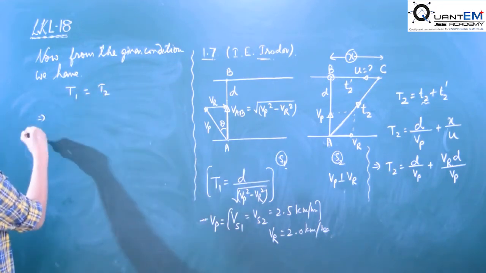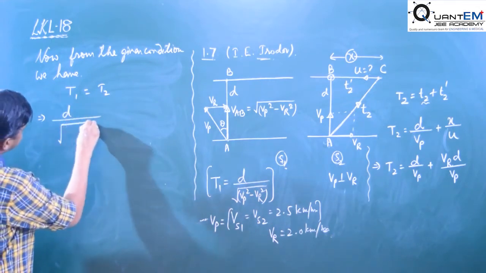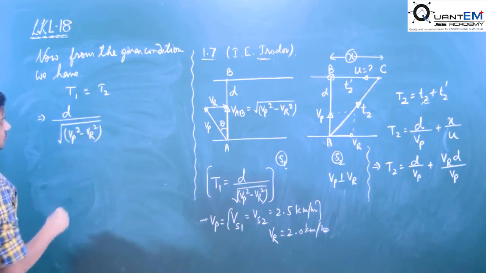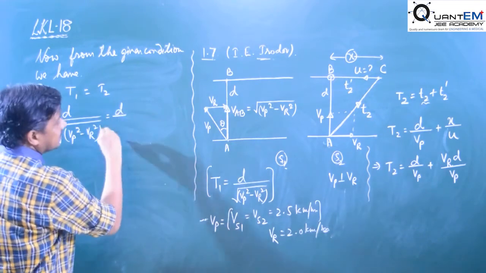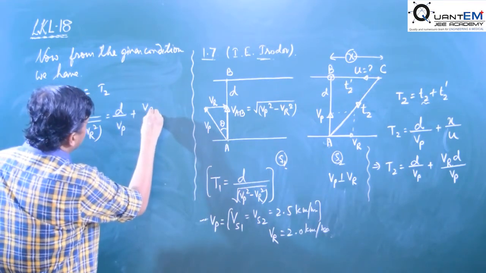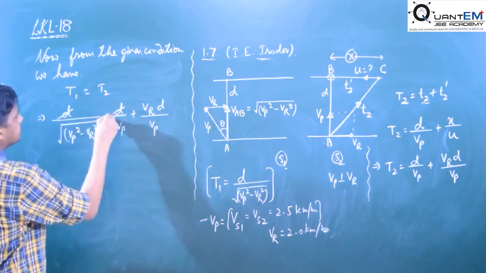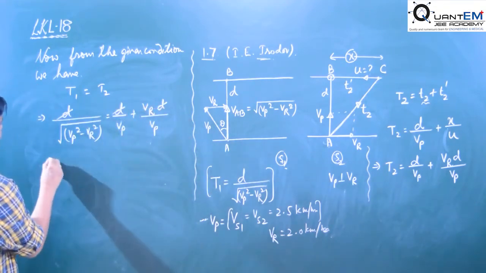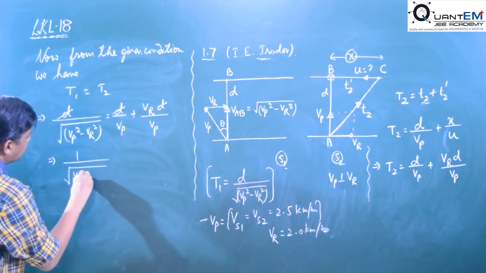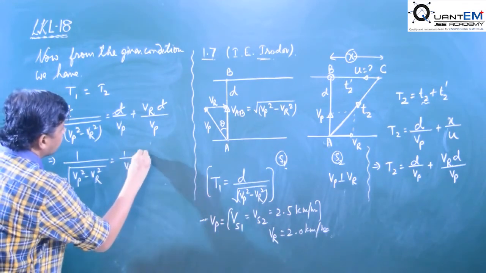So what is the value of T1? That is d by the square root of Vp square minus Vr square, and that is equal to T2. For T2 we have d by Vp plus Vr d divided by Vp. Taking d common and cancelling, we get the result 1 by the square root of Vp square minus Vr square is equal to 1 by Vp plus Vr by Vp.